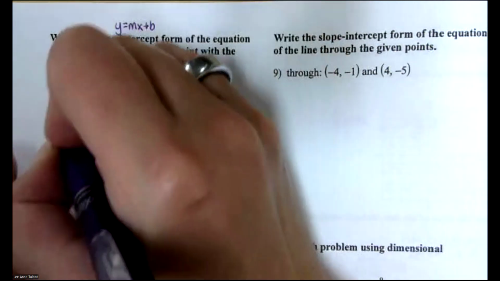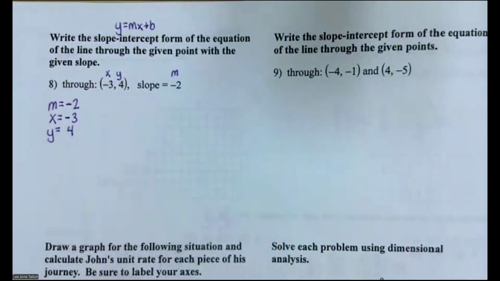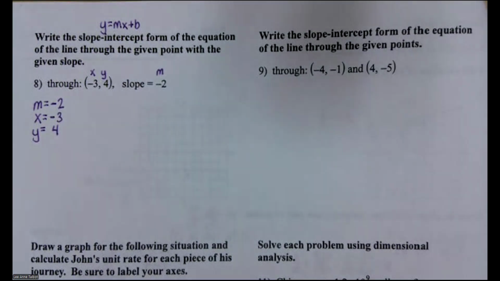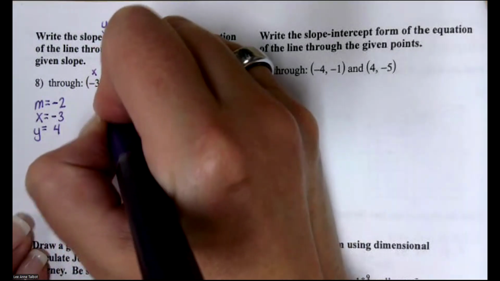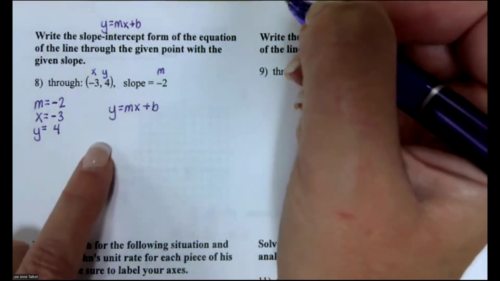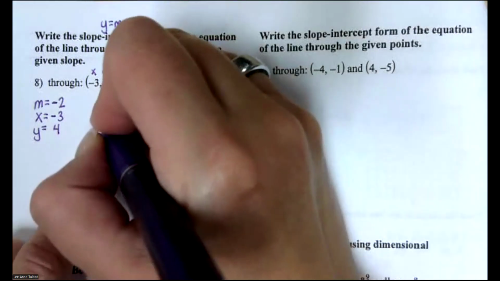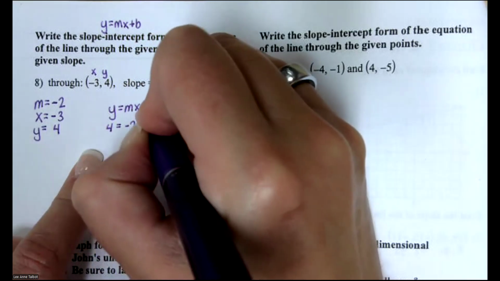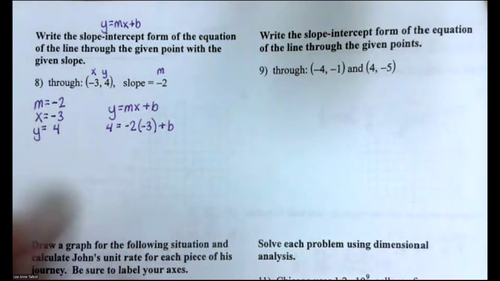Y is the y of the coordinate. Y equals mx plus b. 4 equals -2 times -3 plus b.